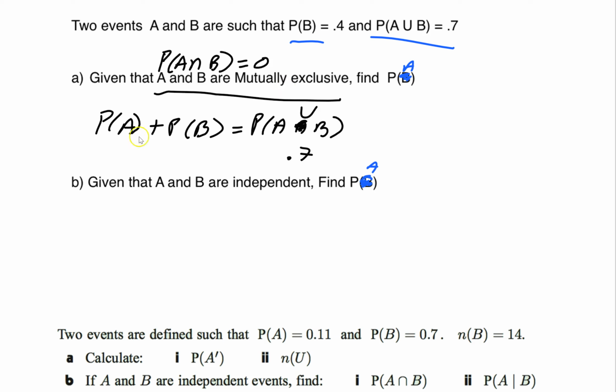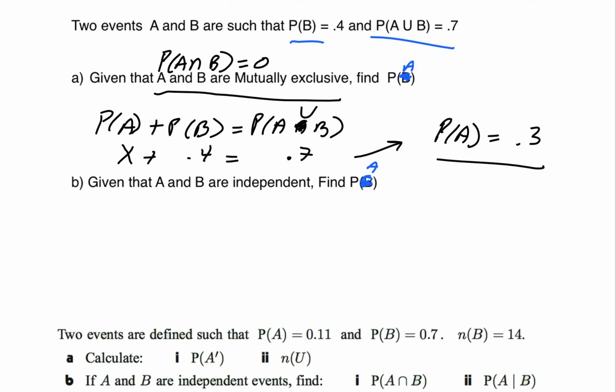Probability of A, we don't know, that's what we're looking for. Probability of B, well, that's 0.4. Do a little math, and you get probability of A equals 0.3, 0.7 minus 0.4. That's how that one's done. So if it's mutually exclusive, it means the intersection has nothing in common, and then you can use the formula.